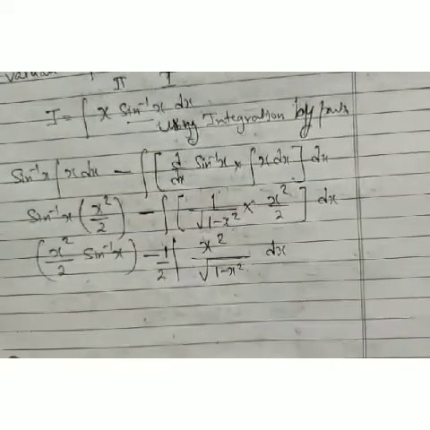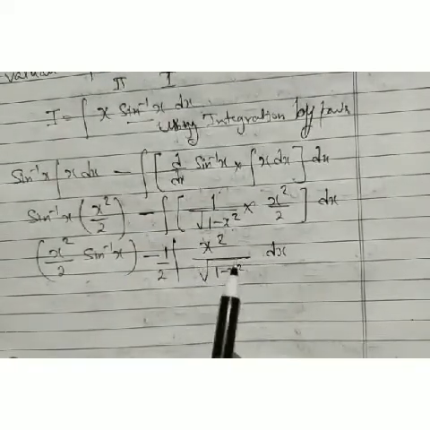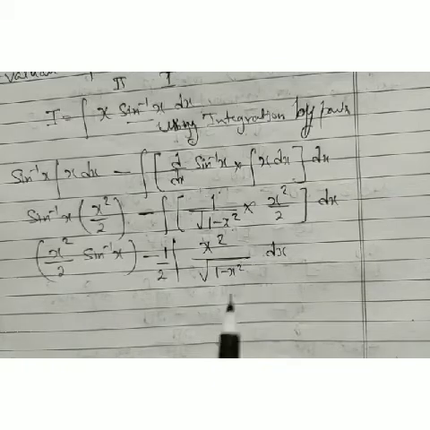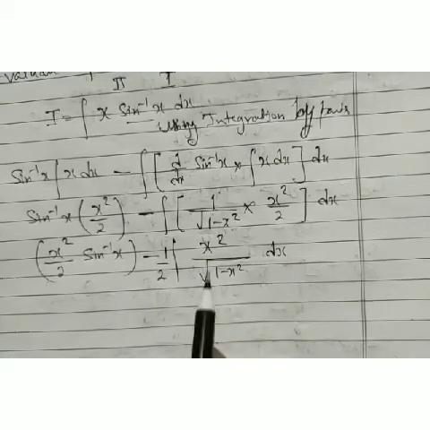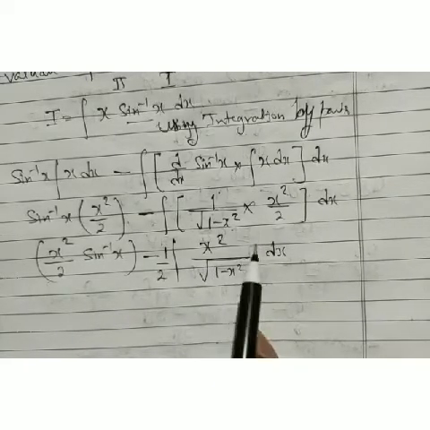Look, now we have to find the integral value of x square by under root 1 minus x square. Till now it's not any standard form, so first of all we have to convert it.